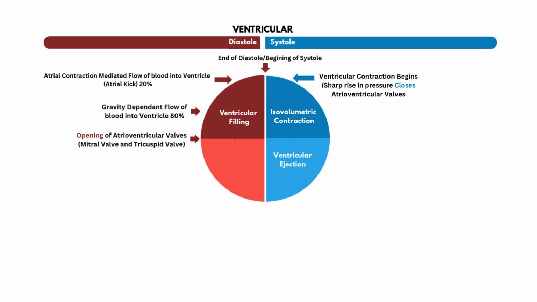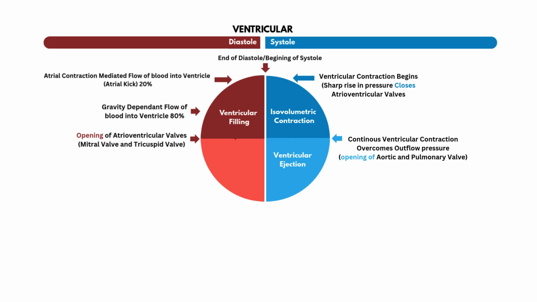Volume does not change because all valves are closed, so no blood leaves the ventricles at that point. There's just pressure building up in order to blow open the doors at a later time. Hence, it is isovolumetric. Ventricular contraction continues against a closed cavity.